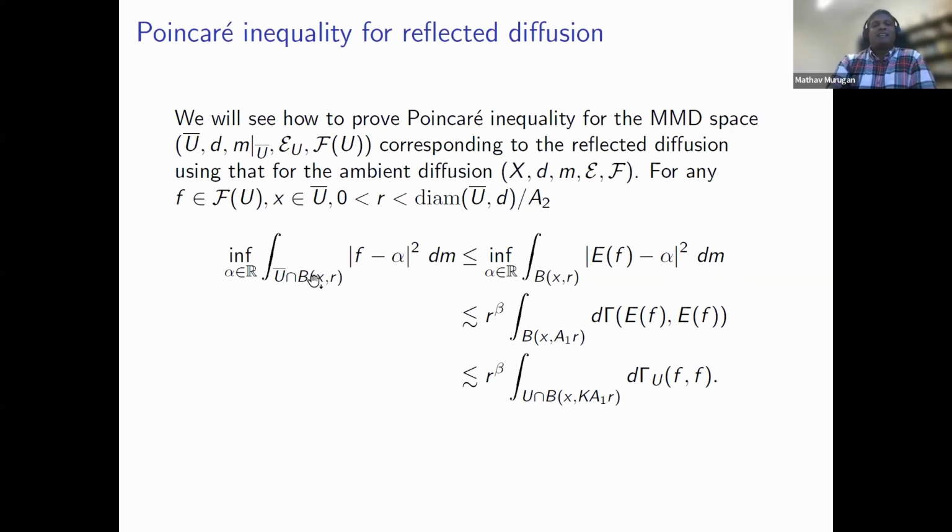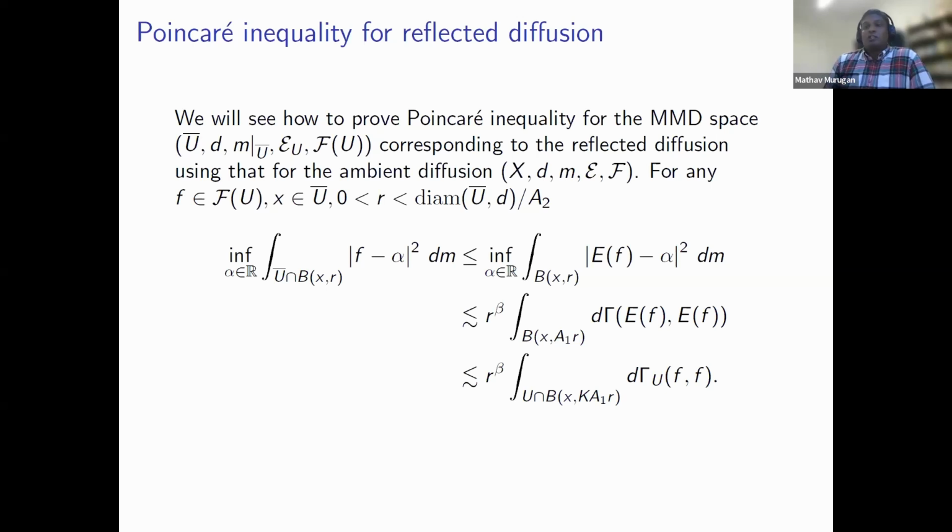So this is exactly a Poincare inequality for the reflected diffusion. This is how one can use this extension theorem to show that the Poincare inequality is inherited by reflected diffusions from the ambient space.